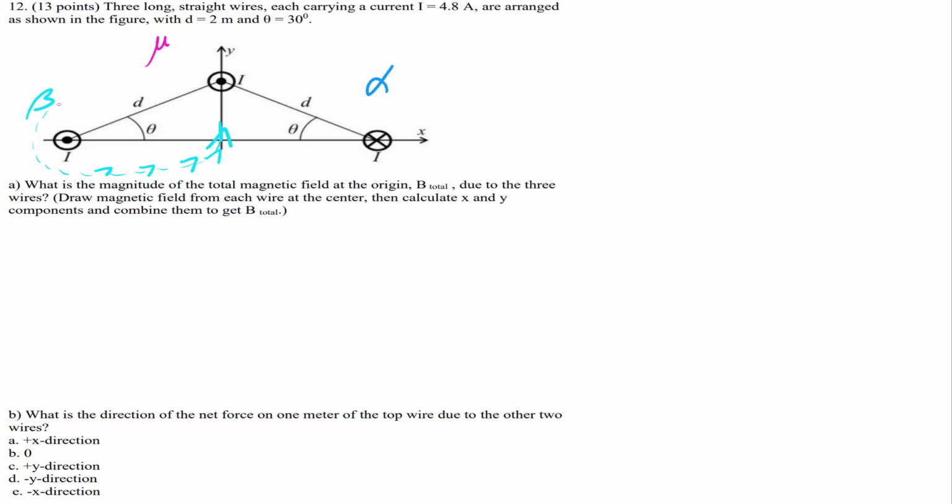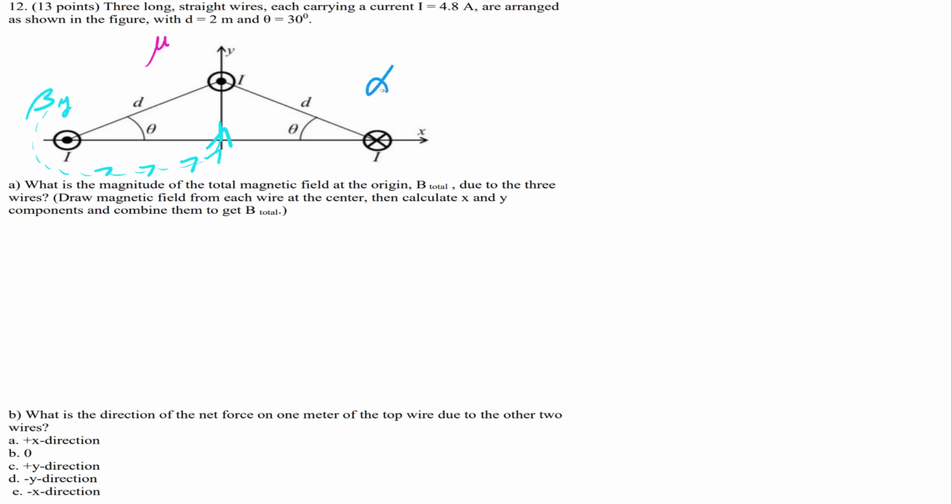So let's make that explicit. Beta has a y component, not an x component, but a y component. Okay, that's cool. Now what about alpha? Alpha is going to go into the page. So I'm going to put my thumb into the page and then twist my fingers. Notice that if I twist my fingers, the field is going to go in a clockwise direction.